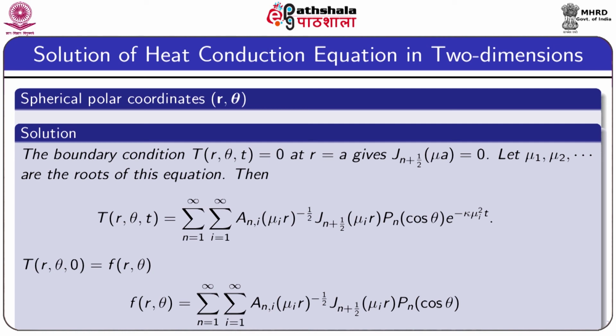Now to find the values of the unknown constant a_ni, we need to apply the initial condition which is given here. The temperature at time t equals 0 is determined by the function f, which is a function of r and θ. So if we use this initial condition, we obtain the relation f equals to, which is written here.